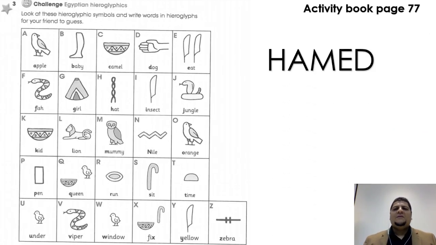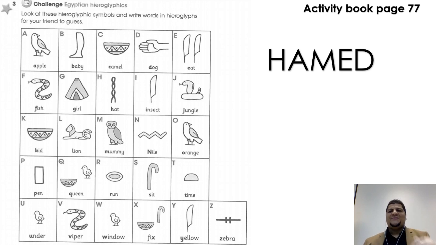Okay, now go to your activity book, page 77, exercise 3. This is a kind of a challenge. You are going to look at the hieroglyphic symbols and write words in hieroglyphs for your friends, for your family to guess. How are you going to do this?